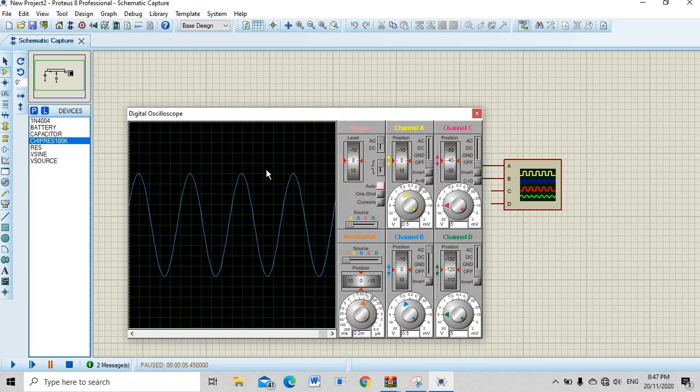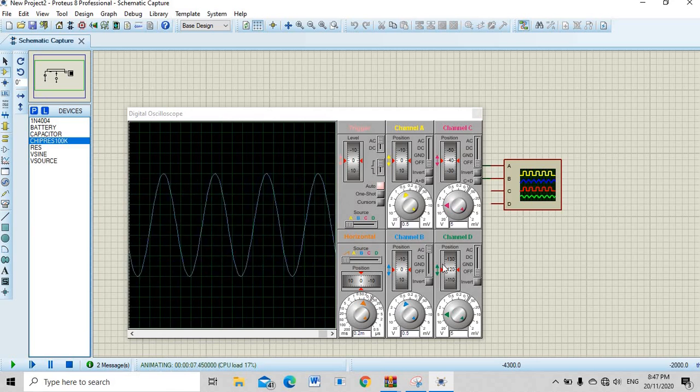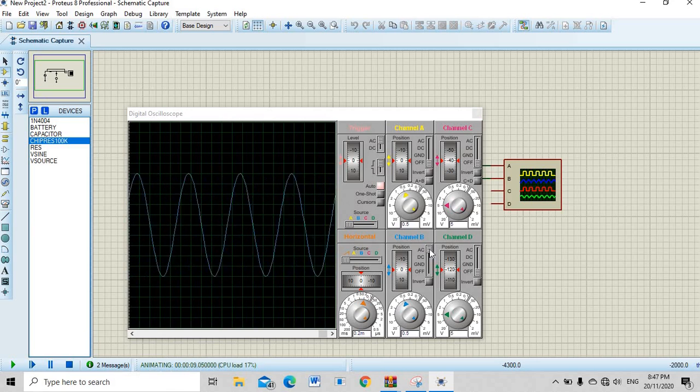The amplitude for the input, 0.5. You can see the input is smooth. Then we close the input.